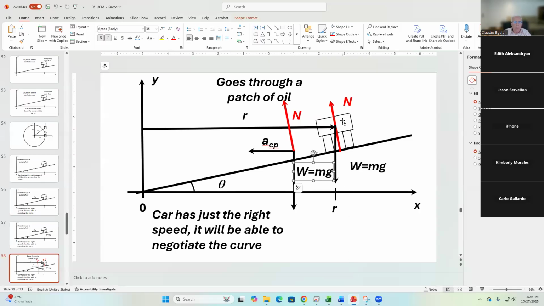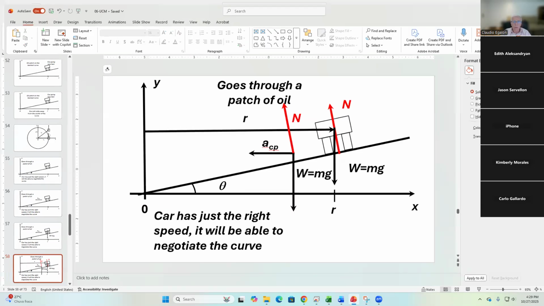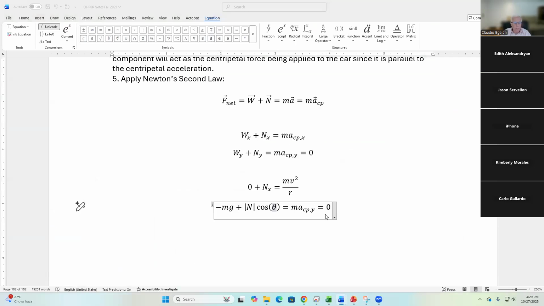Yeah, it's cosine because theta is this angle right here with the vertical. When theta is equal to 0, the normal coincides with the vertical. As we keep on increasing this angle, the angle of the normal with the vertical is going to have the same angle as the angle of inclination. So it's cosine of theta for the vertical one.